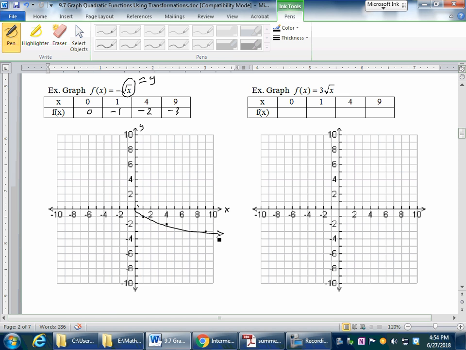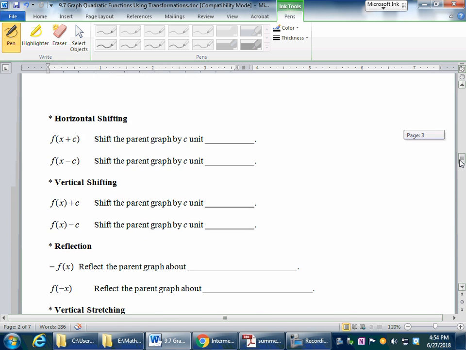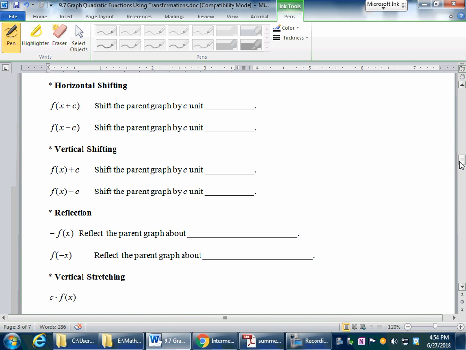So far we did a few things already. So let's scroll all the way down to this page, right? Horizontal shifting, and notice that I mentioned earlier, if you are adding to your x coordinate, the input, the parent's graph will be shifted c units to the left.